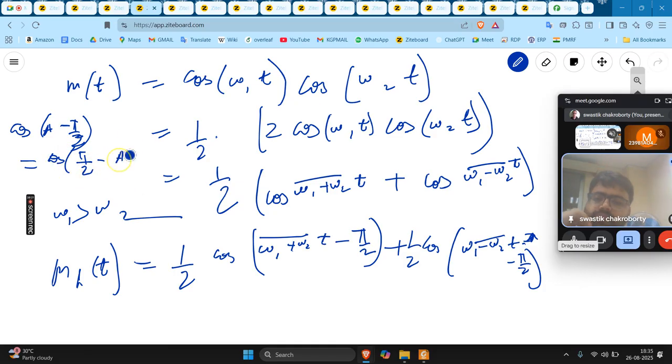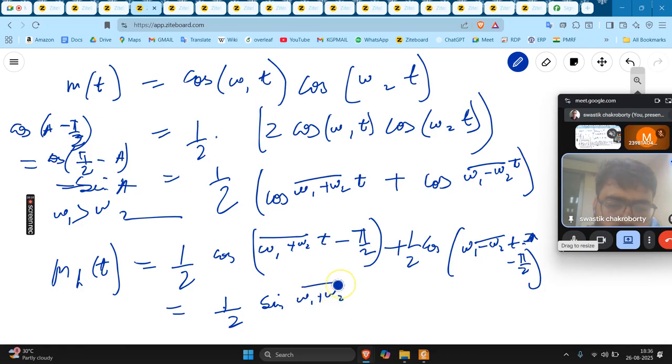Now what is cos pi by 2 minus a? Sine. So it is half sine omega 1 plus omega 2t plus half sine omega 1 minus omega 2t.